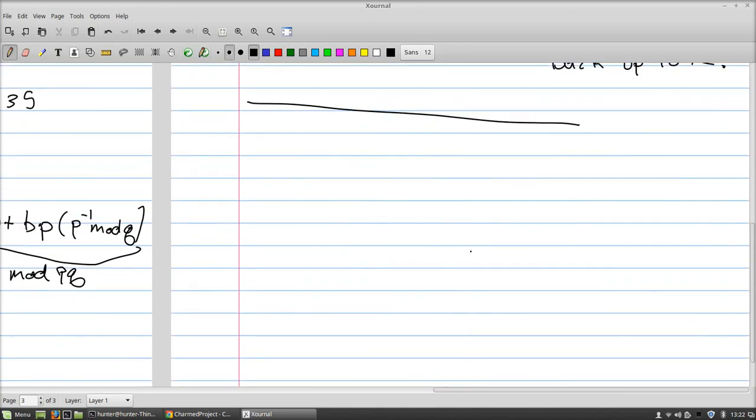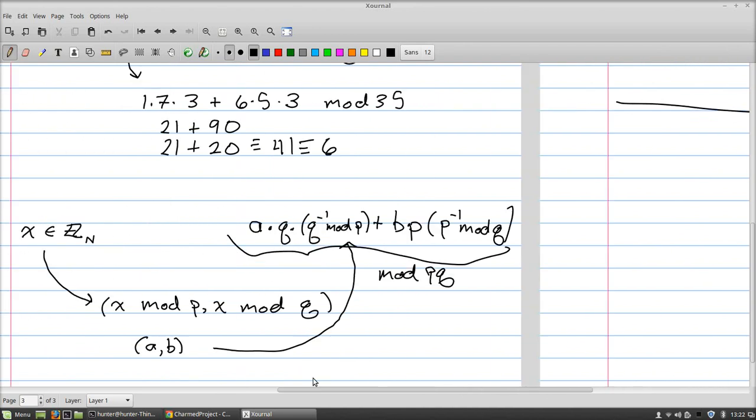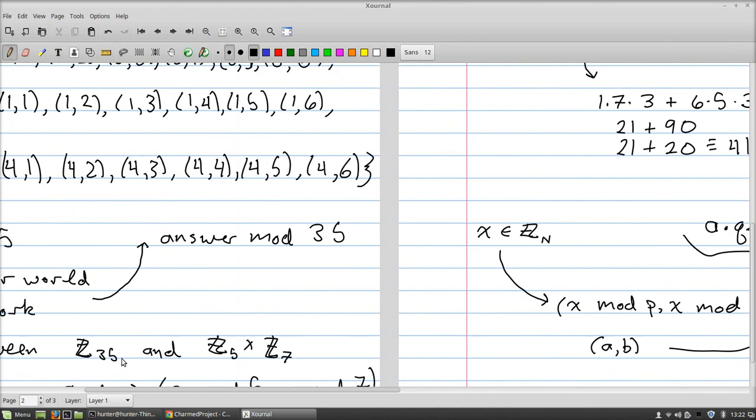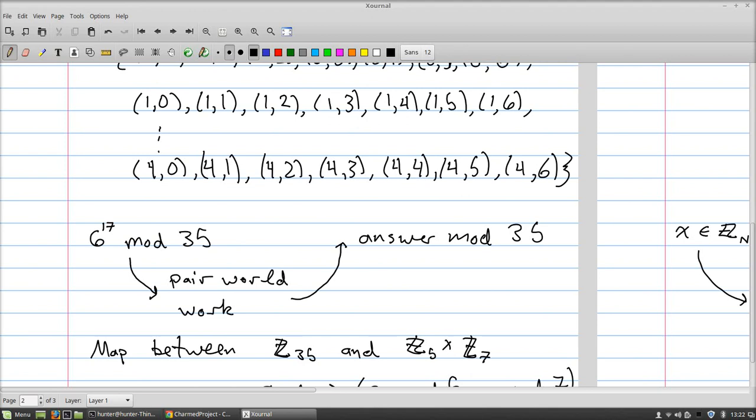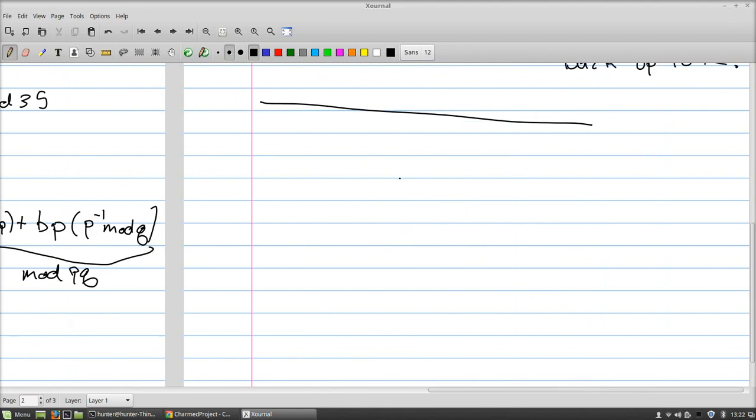So with that understanding, let's come back to our original motivating problem, which was to figure out 6 to the 17th power mod 35. So we want to know, what is 6 to the 17th power mod 35? Okay, so this is a big number. Maybe it will be easier if I work in the pair space. So first we'll reduce 6 into its pair.